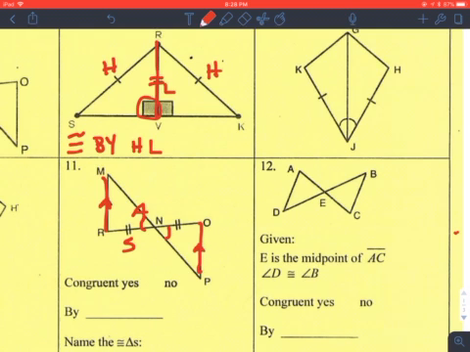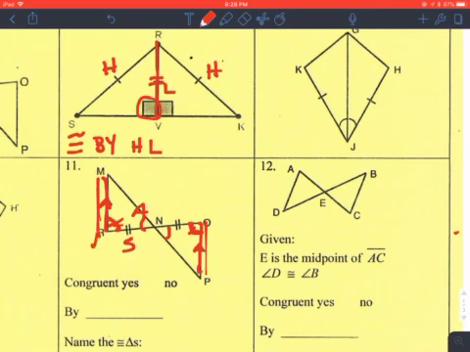I need a third piece. I can't say anything about MN and NP, only if it was a bisector or that N was the midpoint, but it's not. But since these two lines are parallel, okay, these two angles are going to be congruent. And why are they? Because these lines are parallel, and this is your transversal, so these are alternate interior angles.